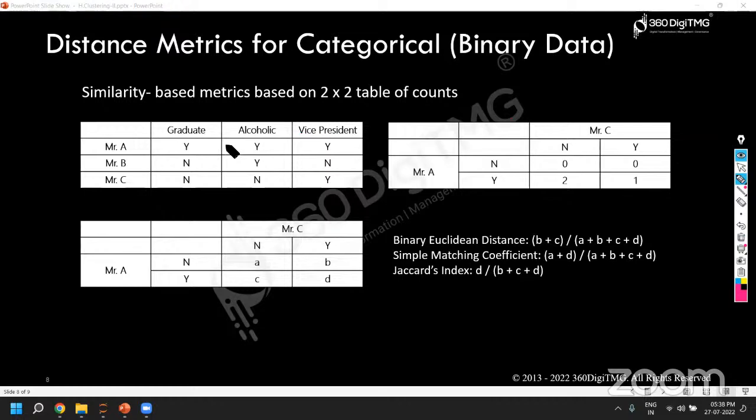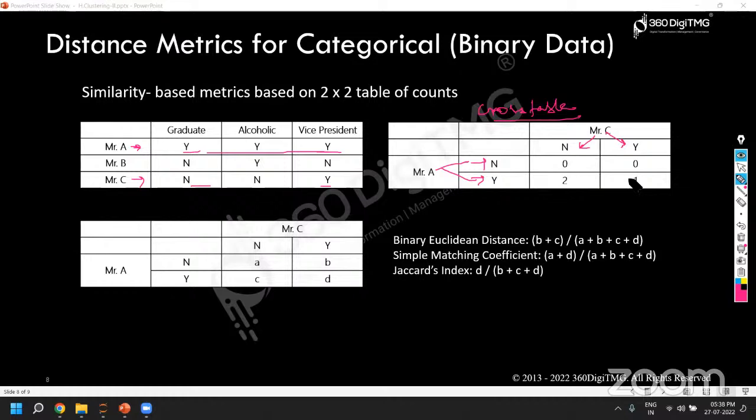Now, this can be done by coming up with a cross table, or you can say pivot table, summary table. A can have values either yes or no. These are the only 2 options that A can take. So I'm going to mark those values here for A. Similarly, C can take only 2 options, either yes or no. So I'm marking those values here.